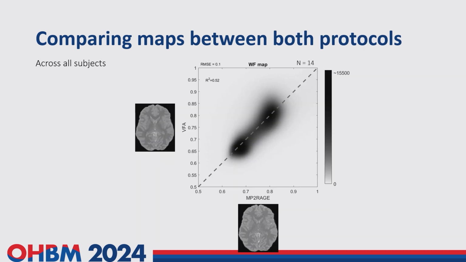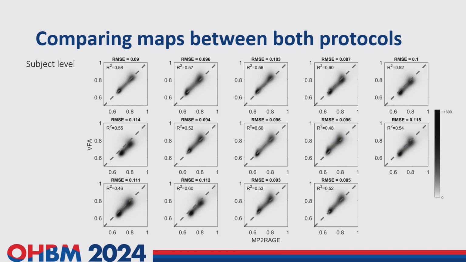If we compare between the methods, you can see that we also have relatively good agreement, with the values on the identity line, although they are not exactly 1-to-1. And this is at the single subject level here. As I said before, it's reliable. We have some cases in which we have some offset, like in here, which needs further research, or we just have to live with the fact that they are not exactly perfect.